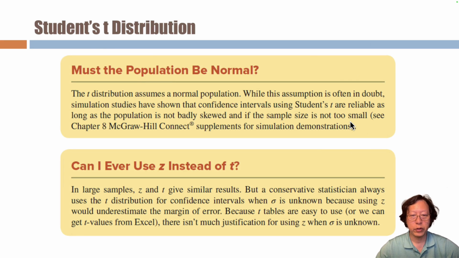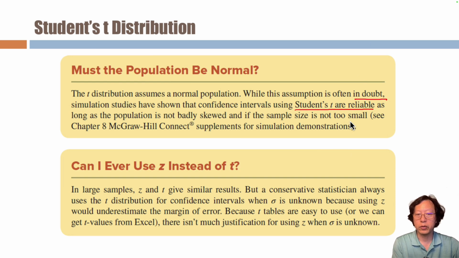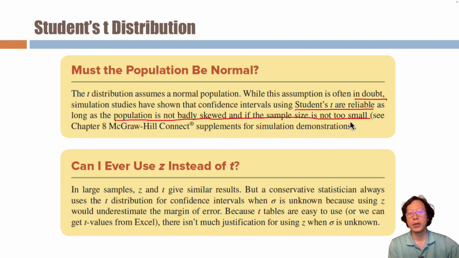The Student t distribution assumes a normal population. While this assumption is sometimes in doubt, in many cases the Student t is reliable as long as the population is not badly skewed and the sample size is not too small. So the Student t can be a problem only when the population is badly skewed and the sample size is too small.